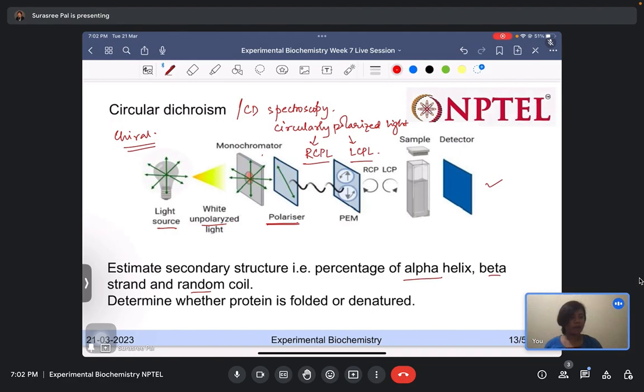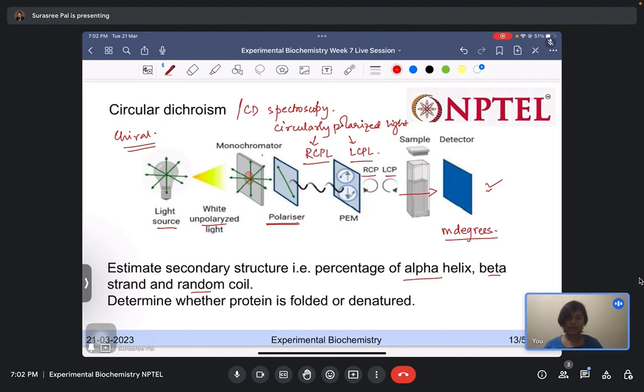So when we pass this right and left circularly polarized light through the sample, the difference in absorption, which is calculated in millidegrees, can be detected by the detector.